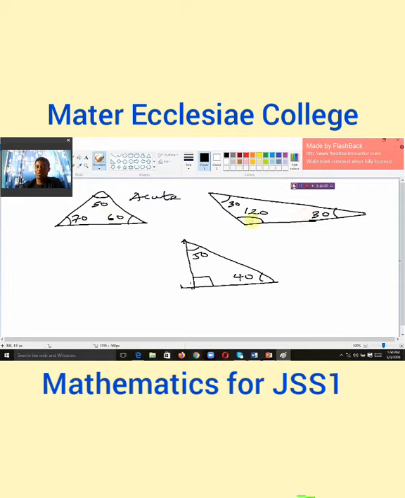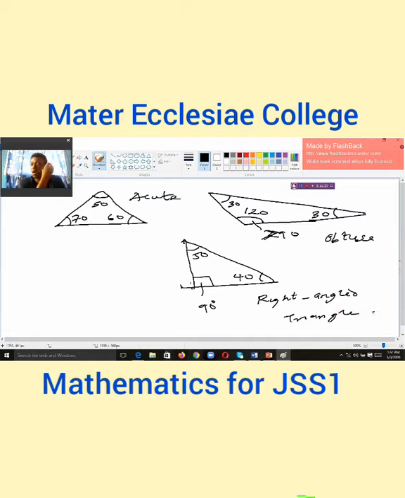This one now, you can see that only one of its angles is greater than 90. Now you can see that this one has one of its angles to be 90 degrees. So this is obtuse, and this is a right angled triangle.